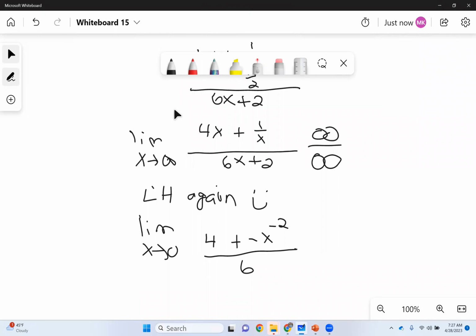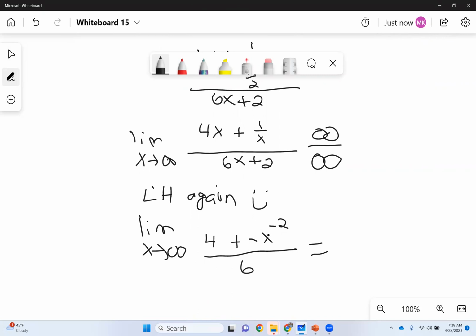Now, as x approaches infinity, this value right here, negative 1 over x squared, is going to go to 0. So that'll drop out. We just have 4 over 6, which of course is 2/3. So here was an example where we had to use L'Hopital twice, and it worked out just fine.